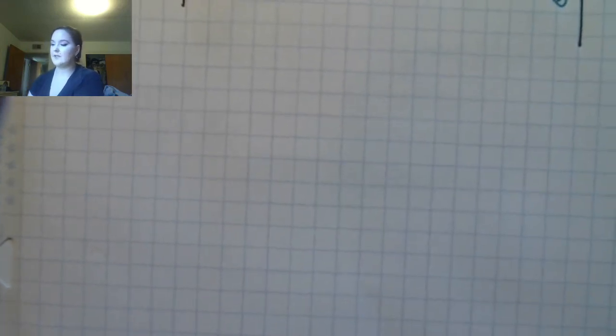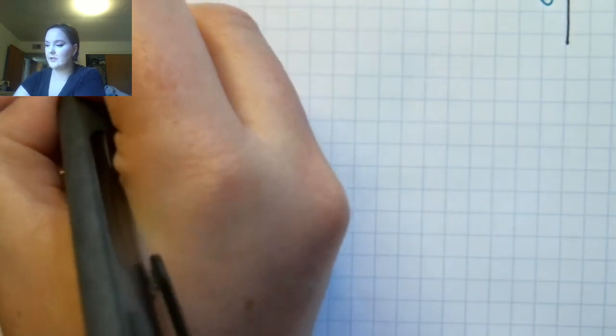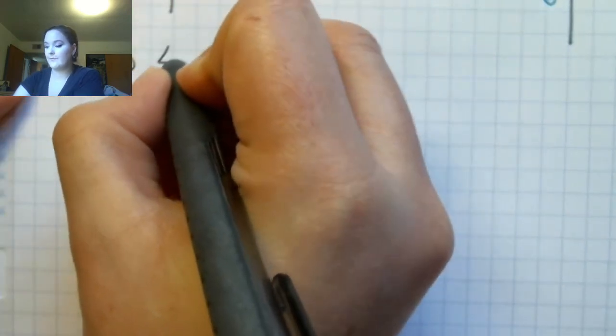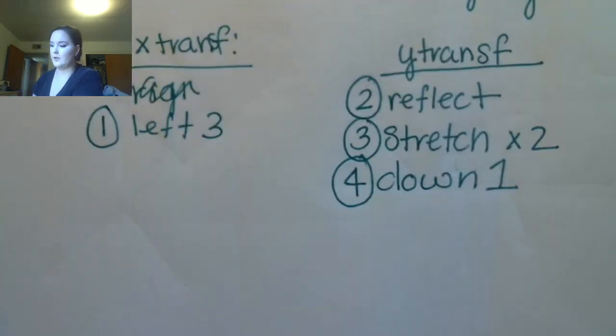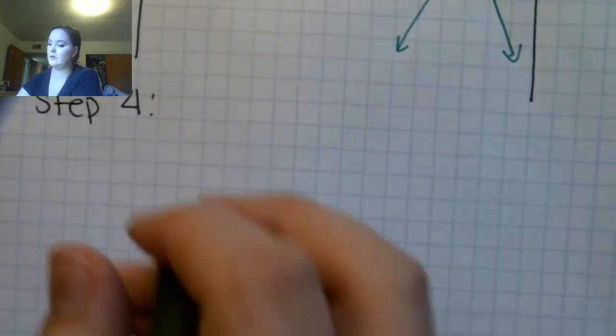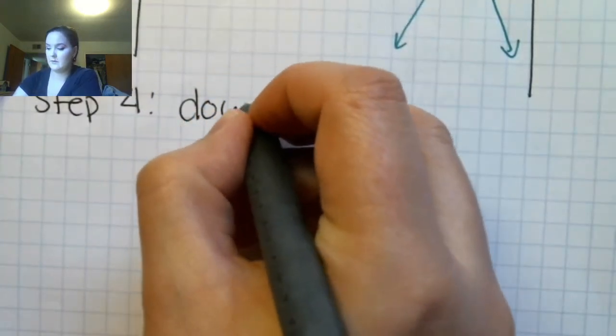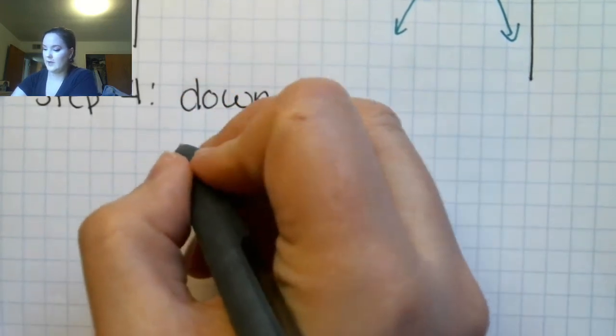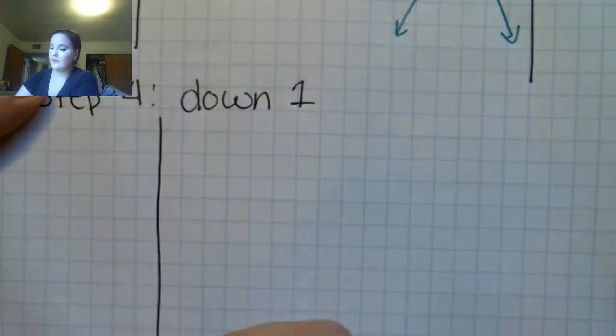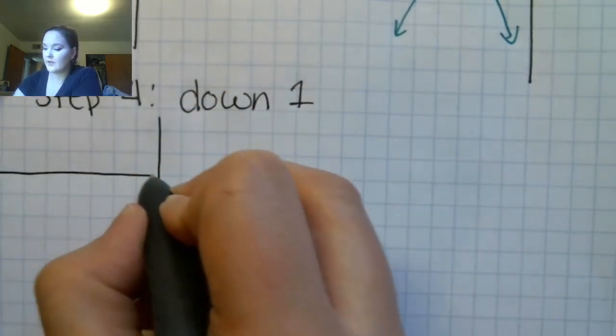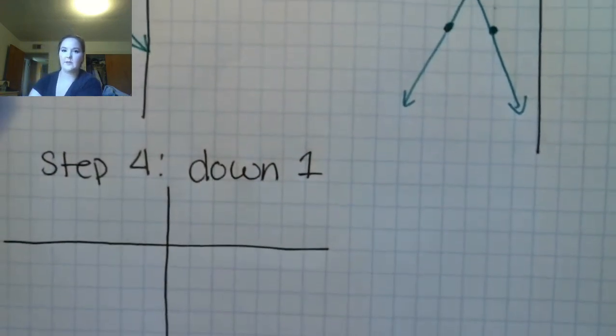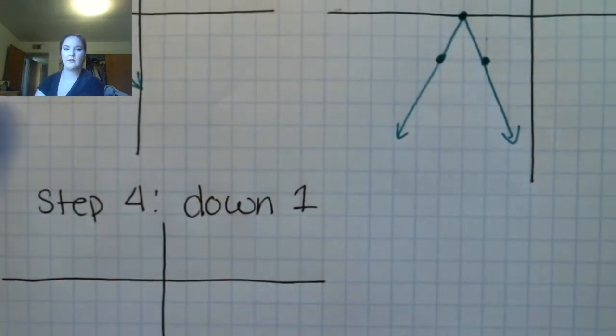All right, so let's see our last transformation, which was down 1. So we're going to take everything from our previous graph and we're going to move it down 1. So we have this graph here.